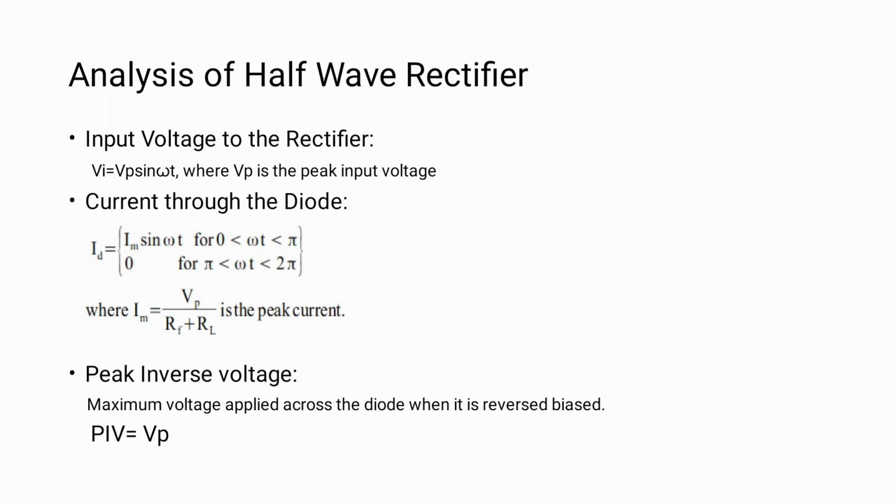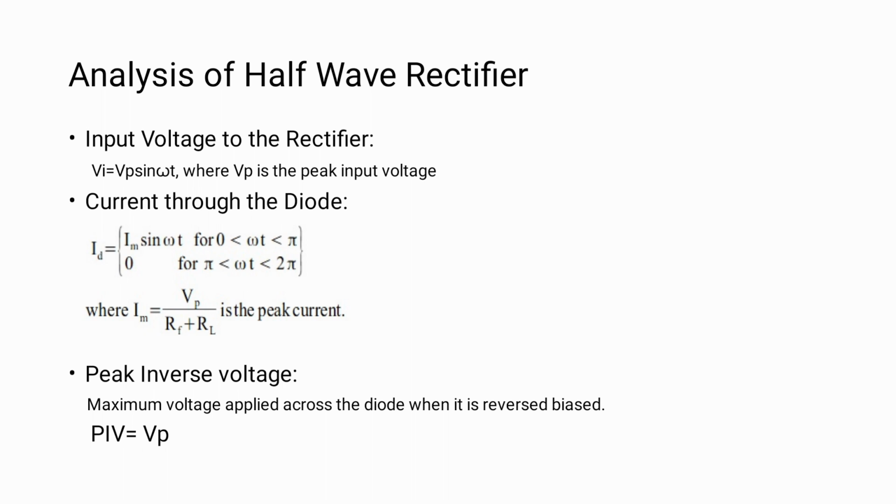And the next point is peak inverse voltage. First we have to know what peak inverse voltage is. It is the maximum voltage that is applied across the diode when it is in reverse biased mode. In the half-wave rectifier, during the negative half cycle of the input voltage, the diode is in reverse bias mode, and no current flows through the load resistance, so there is no voltage drop across the load resistance.